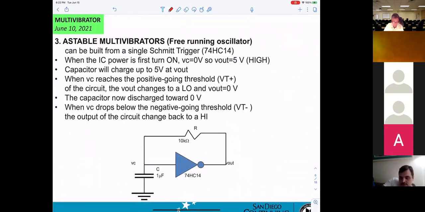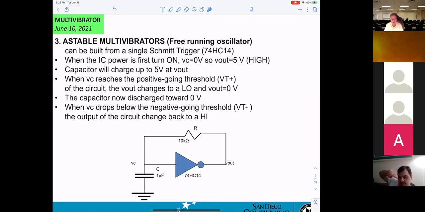That's what they call a free running oscillator. You can go into the electronic store to buy an oscillator, but they will ask you what frequency: 10 kilohertz, 100 kilohertz, or whatever.